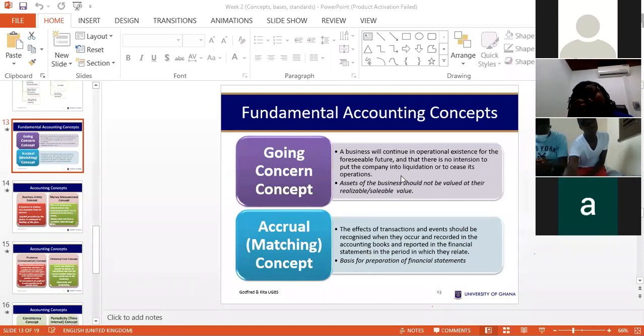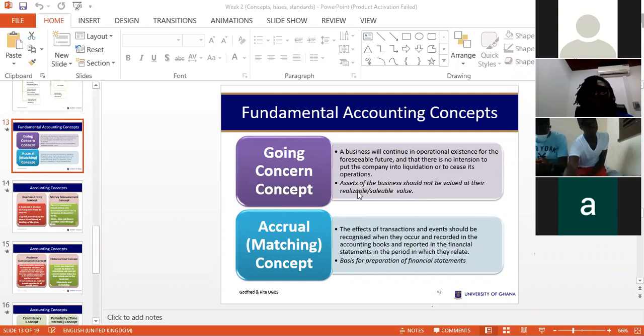Now, once we assume that, we are able to value the business at the acquisition cost of the assets. Based on this assumption, all assets and expenses that we incur, we can put the value we acquired it at inception on it up till the point where it liquidates. I would explain this again later.